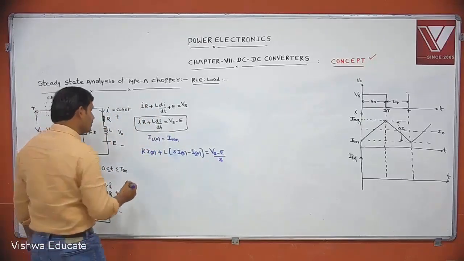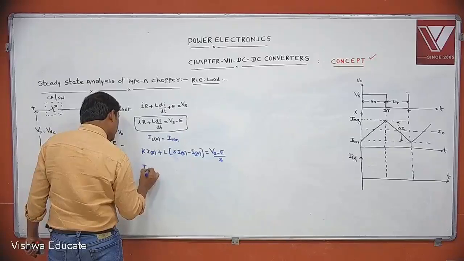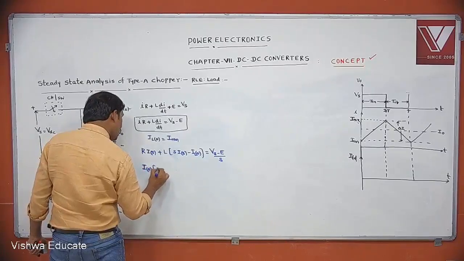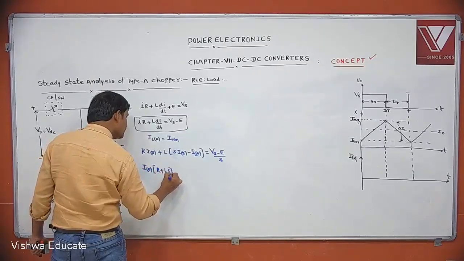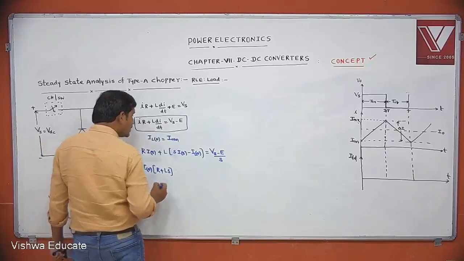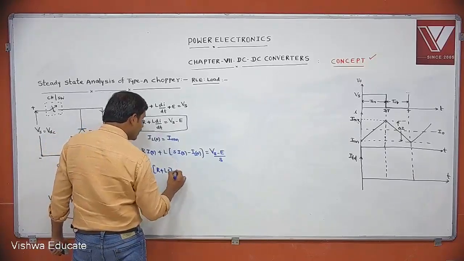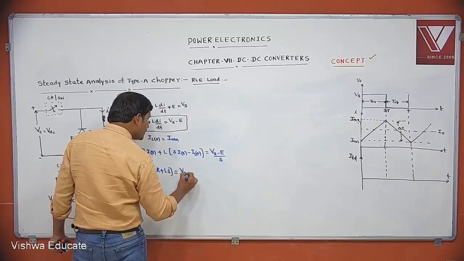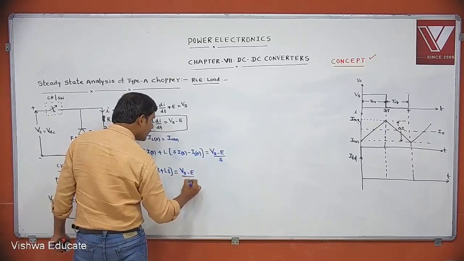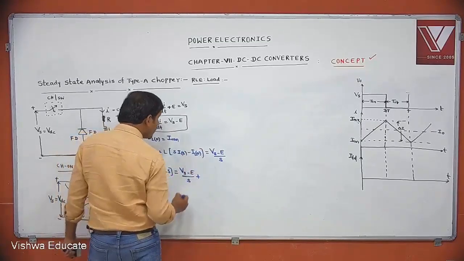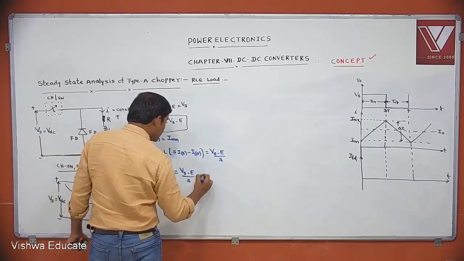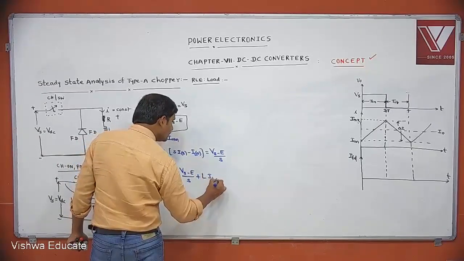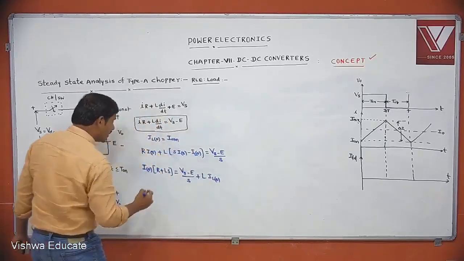Now take I of s common: R plus Ls times I of s is equal to Vs minus E by s plus L into IL of 0. What is IL of 0? I minima.